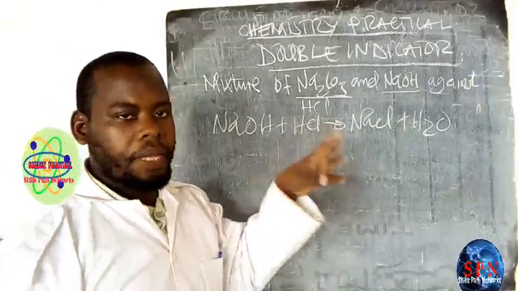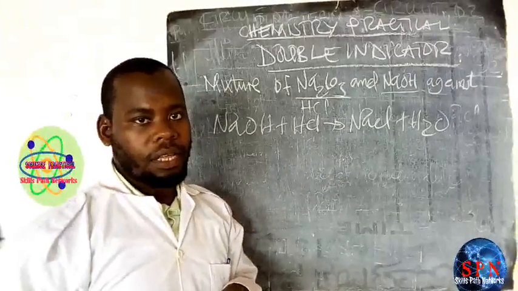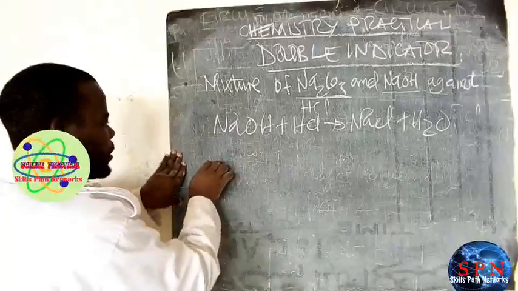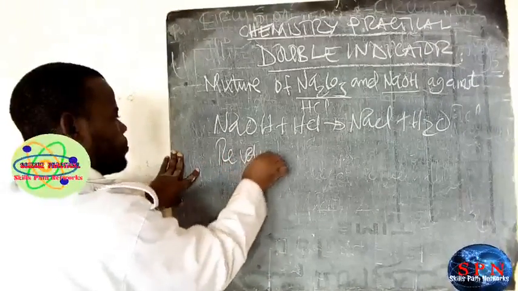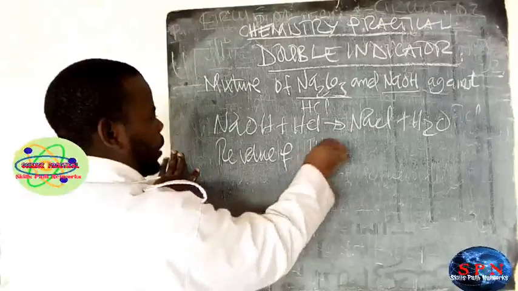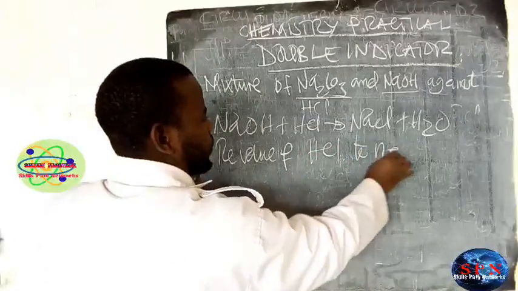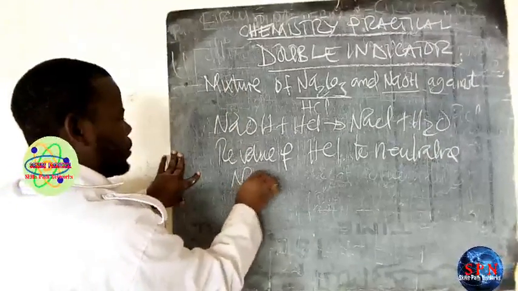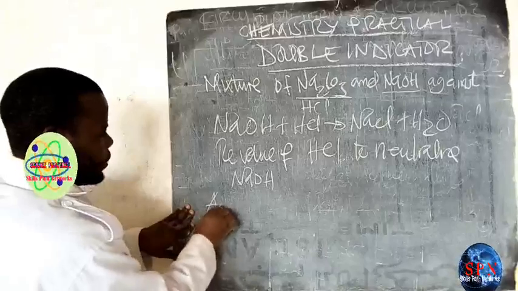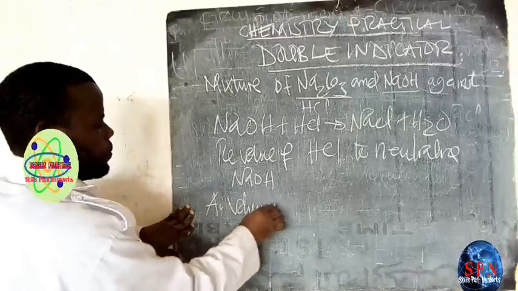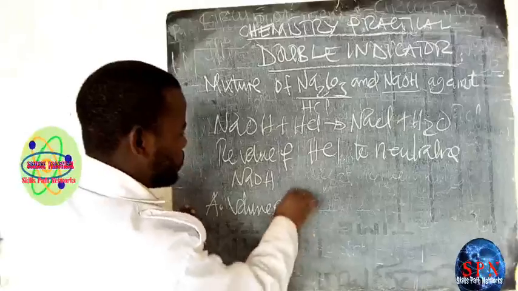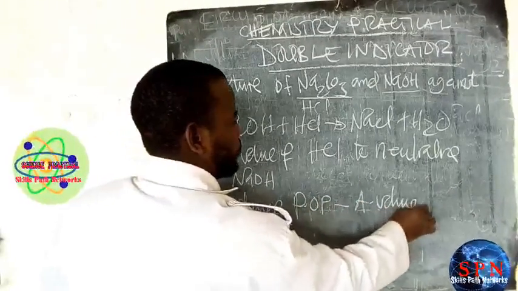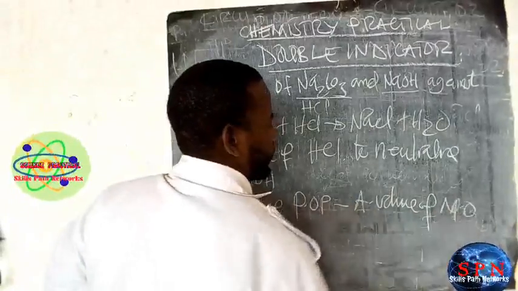In order to get the volume of hydrochloric acid that reacted to neutralize the sodium hydroxide, we take the average volume of POP minus the average volume of methyl orange.